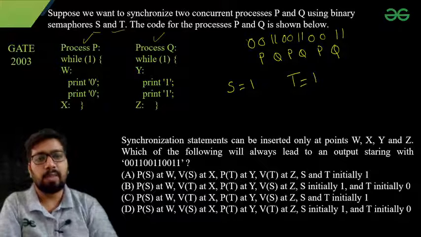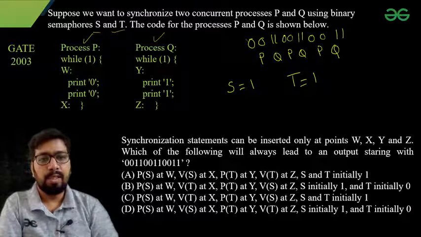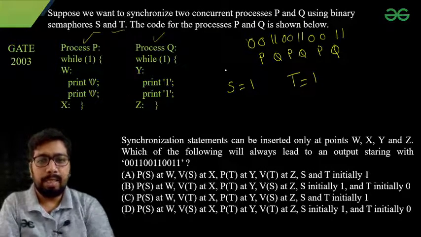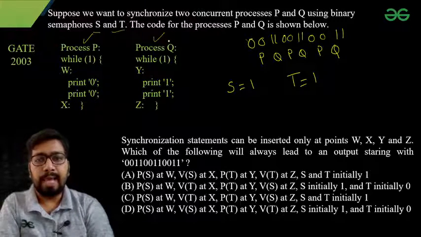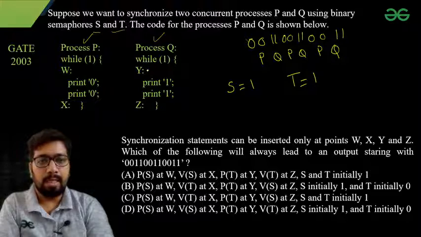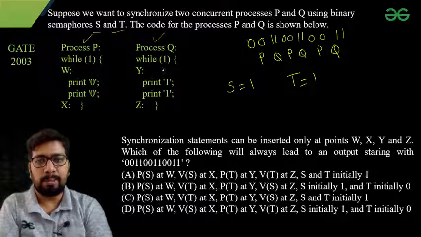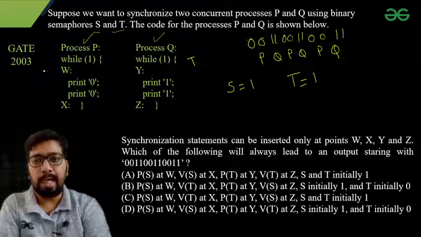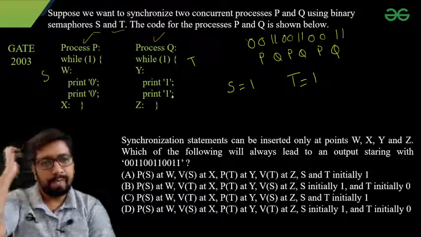Suppose I am taking both semaphores as 1. Fine. So what will happen if both are 1? Then in that case, process Q might perform the wait operation on T. Suppose here for Q I am using T, and for process P I am using semaphore S. Fine.